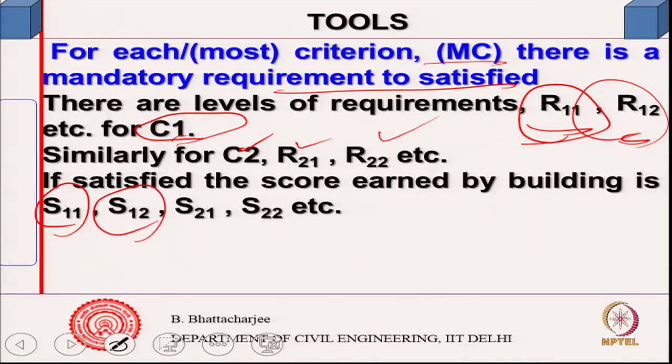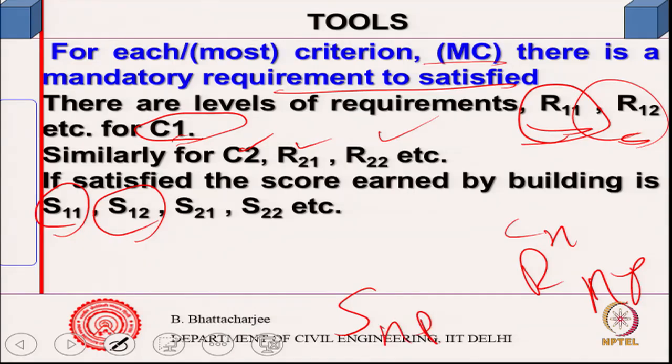Similarly, if it satisfies some nth criterion Cn, and correspondingly we have Rn1 through Rnp, and it satisfies Rnp, then it gets the score corresponding to Rnp.